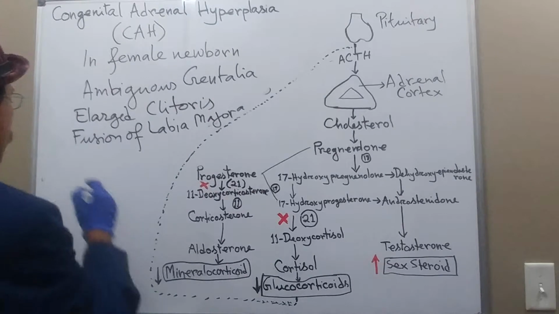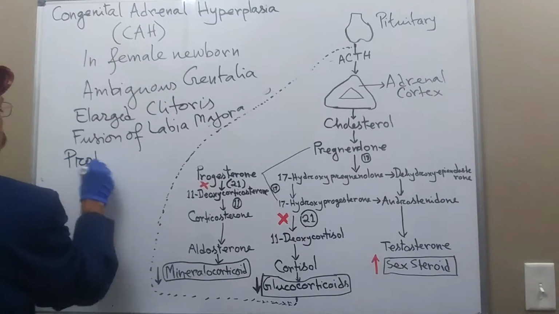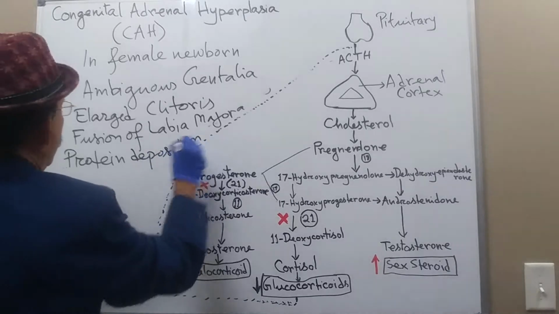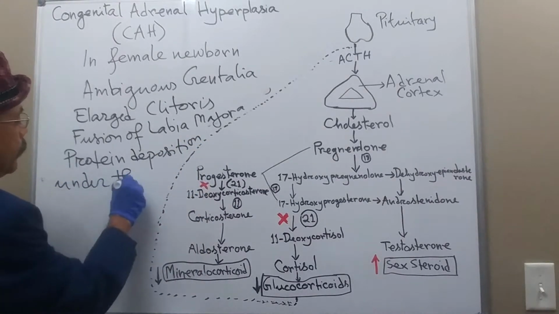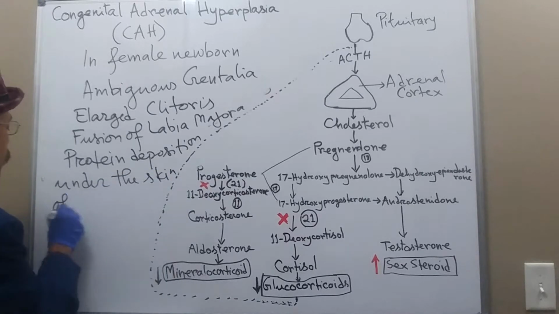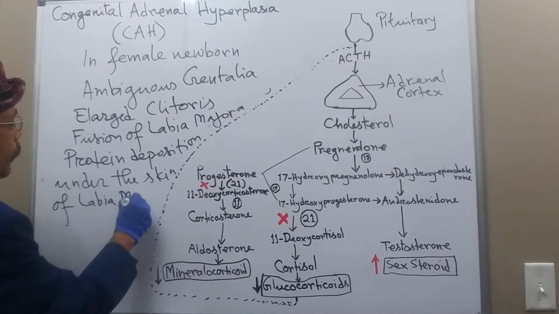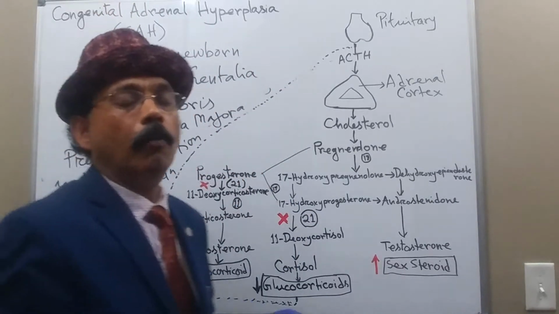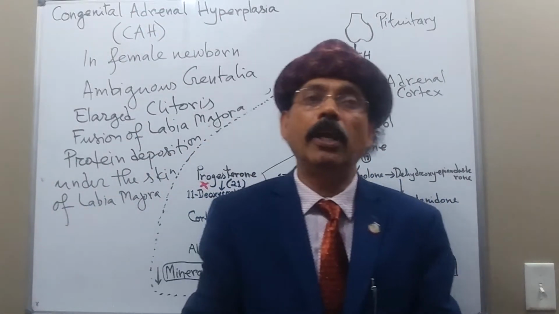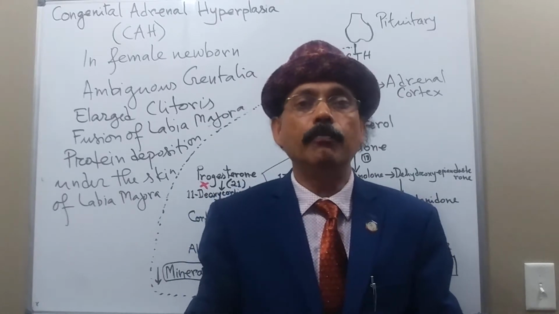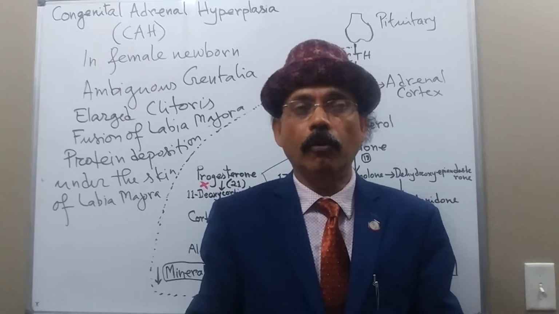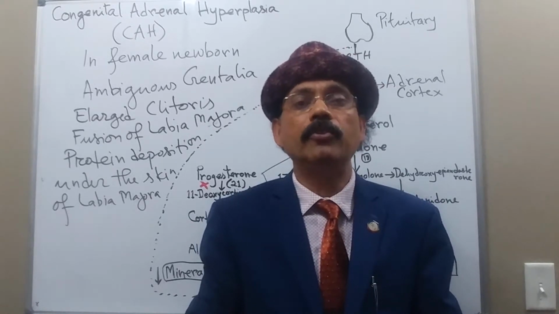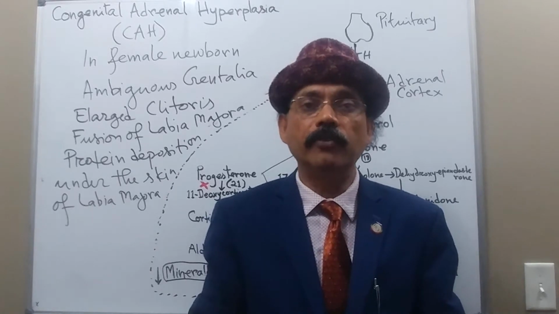And there will be protein deposition under the skin of the labia majora. Okay, so we get this feature. We call it masculinization. In female, we'll get ambiguous genitalia, and the most common cause of ambiguous genitalia in a newborn female is congenital adrenal hyperplasia, and the most common cause of congenital adrenal hyperplasia is 21 hydroxylase deficiency.